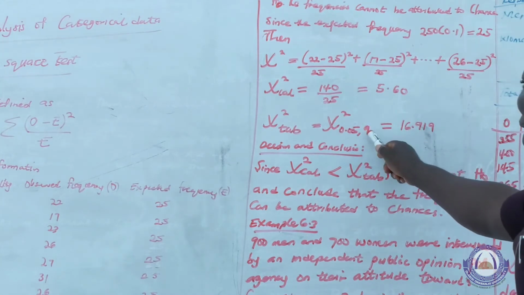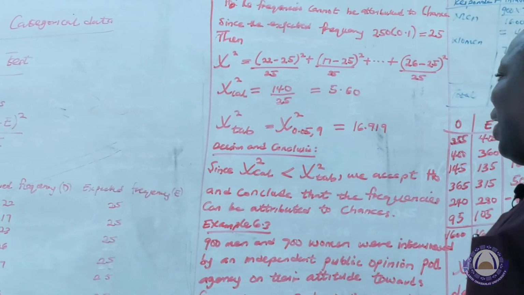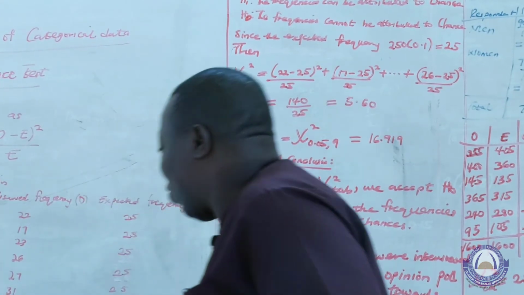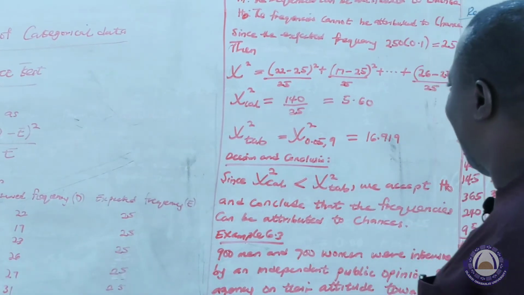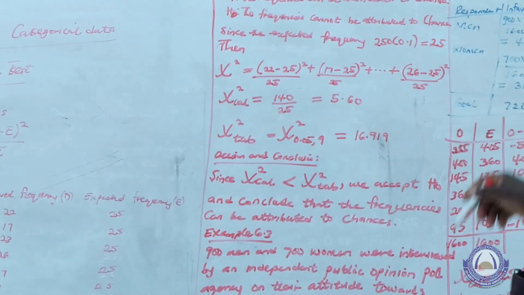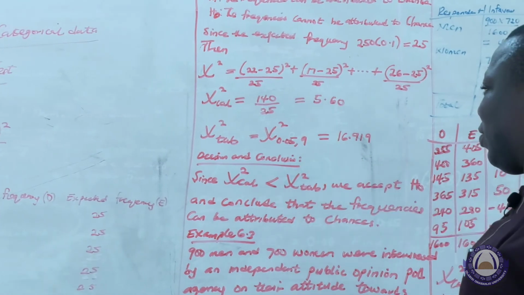The degrees of freedom are n minus 1, that is 10 minus 1, which gives us 9, since we have 10 categories altogether.